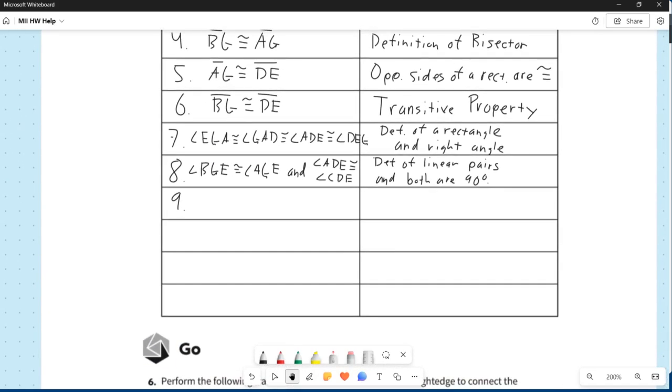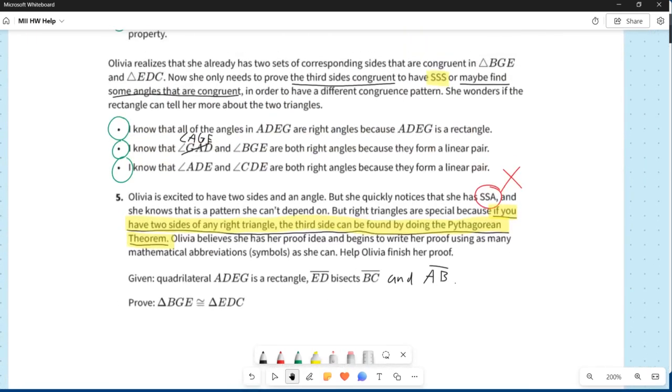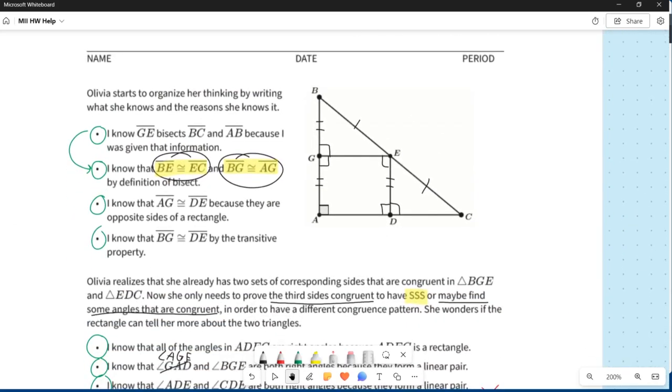And then the last step will be somewhat straightforward. So what that means is, if I take a look at my picture, which is all the way back up here, we don't really know anything about that side there yet. We don't know anything about GE.